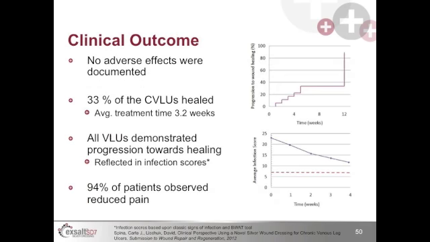All wounds over the course of the study, including chronic venous leg ulcers, demonstrated progression towards healing, where within the limited study period, 33% of the venous leg ulcers progressed to wound regeneration at an average treatment time of 3.2 weeks.